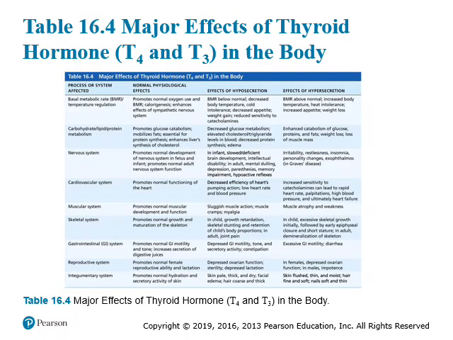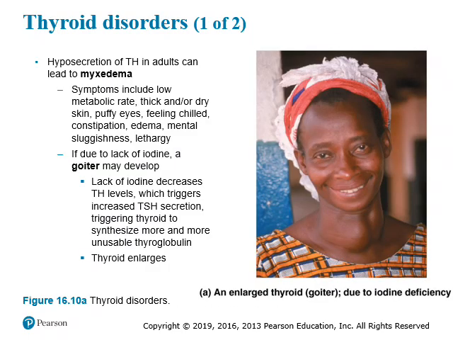And here you have, as usual, a table that's going to help you review the major effects of the thyroid hormone, the T3 and T4, in the body. So let's take a look at some homeostatic mechanisms, some disorders of the thyroid gland. Okay. Hyposecretion of thyroid hormone in adults can lead to what you call myxedema.